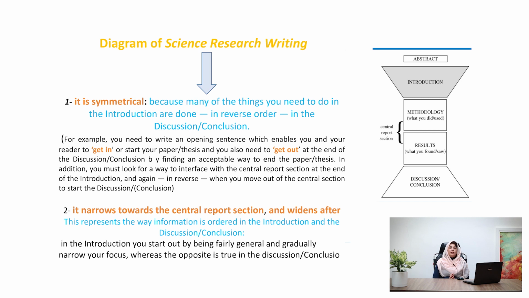In the introduction, you start out by being fairly general and gradually narrow your focus, whereas the opposite is true in the discussion and conclusion. So these are the two important points that we can understand from the shape of this diagram.